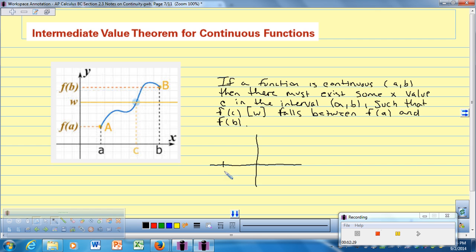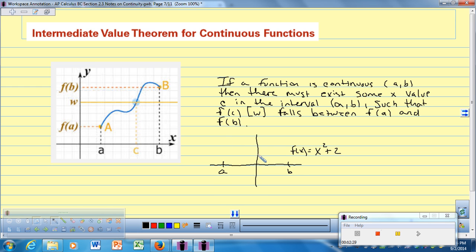So if I am on the interval from a to b and I'm given some function, let's say we have x squared plus 2 on the interval from a to b.